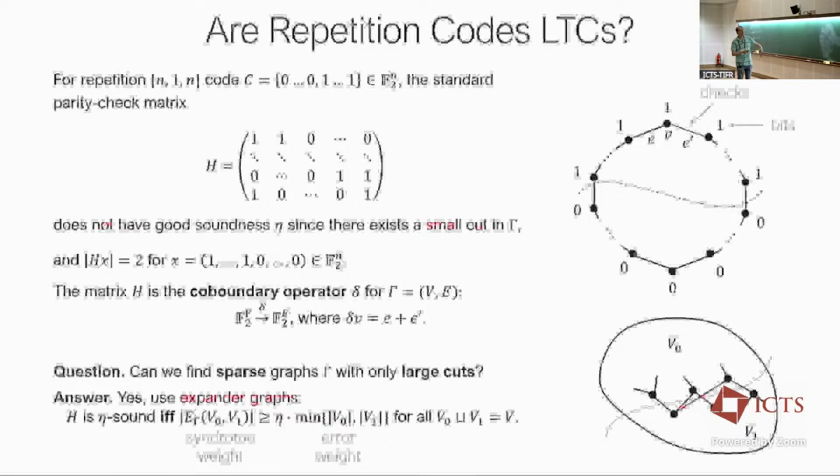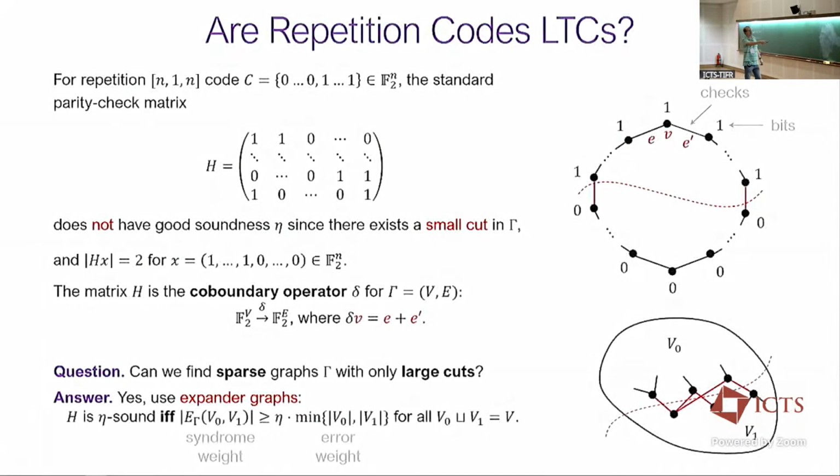And you know that expander graphs have this property that, in fact, this was one of the earliest definitions of expander graphs: if we divide the graph in two parts, then we have many edges between them. This was almost the original definition of expander graphs, and we can see that it exactly corresponds to our problem.